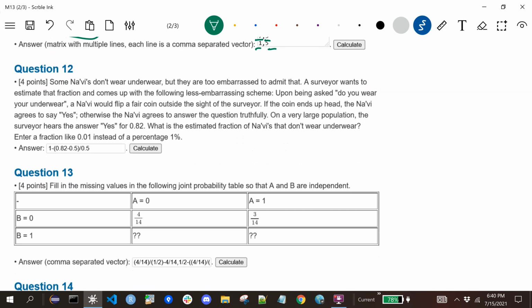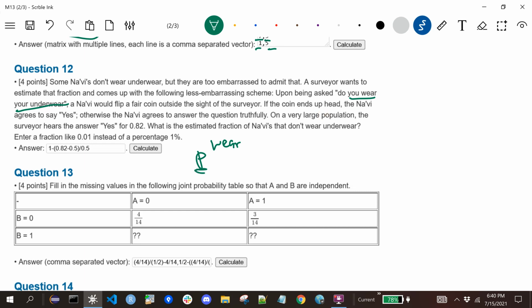Okay, so the next question is about the underwear and about the probability, the fraction of these people who do not wear underwear. The question they are asking is whether you are wearing underwear. So let's say P fraction wear underwear.